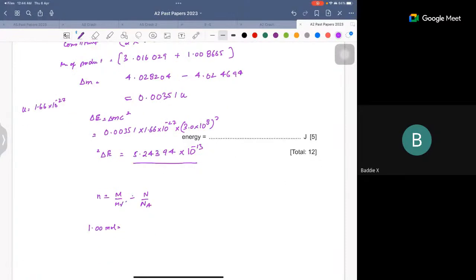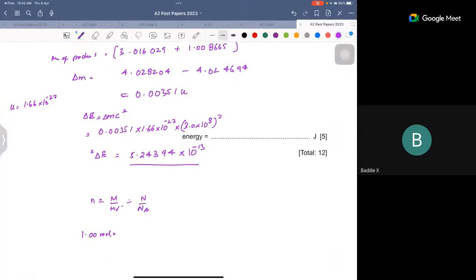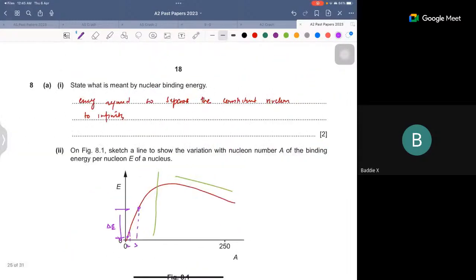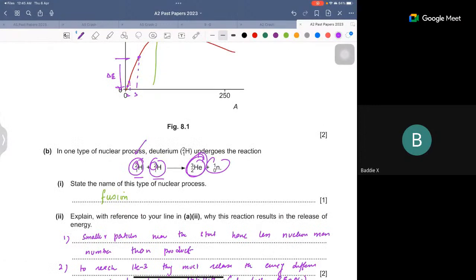So it means that the number of particles will be, when I multiply this, but there are 2 of them. So basically 2 of them react and form 1. So I have to divide it by 2, because half of this and half of this will go into 1 full.